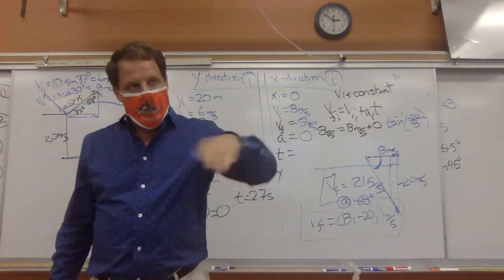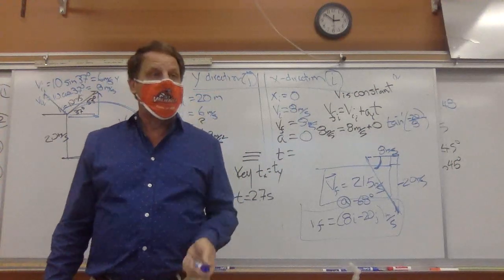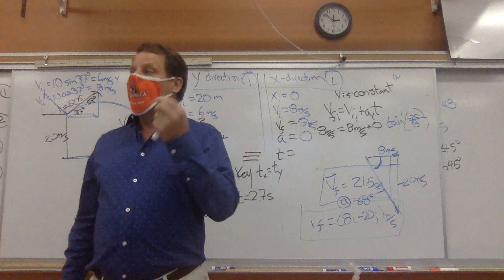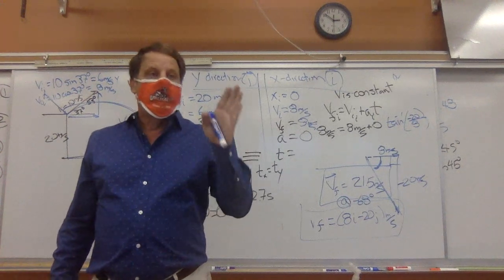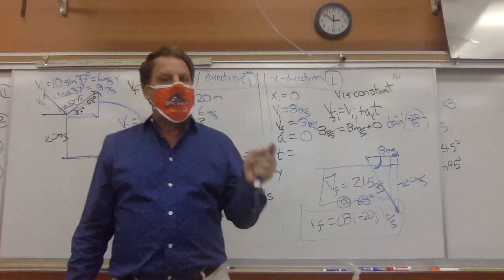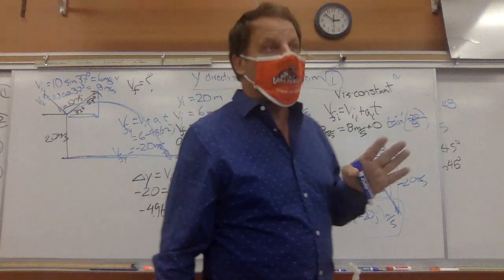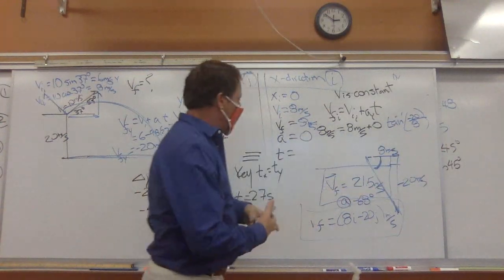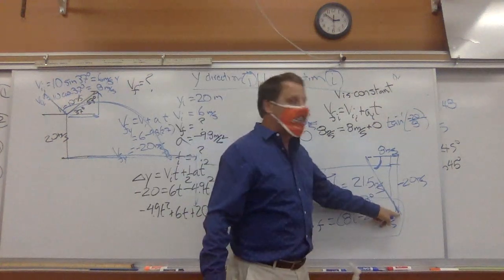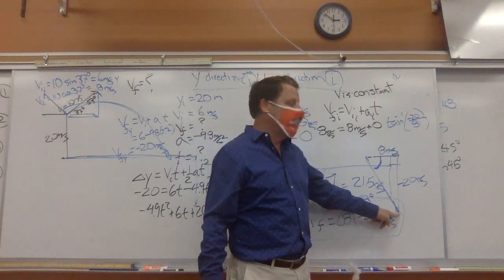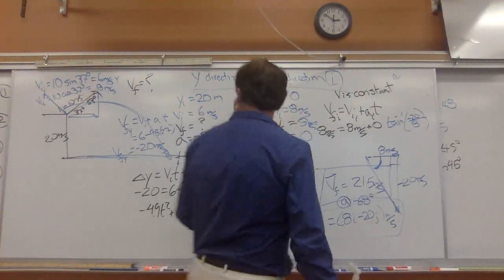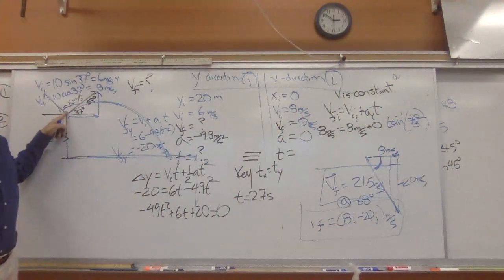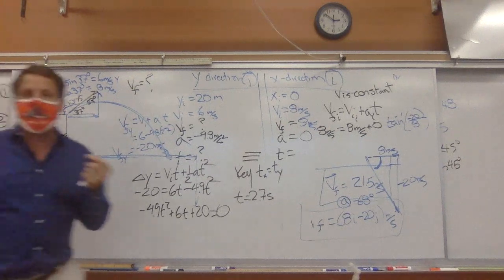There are times, if I do not ask it specifically, you can give the answer in the I and J format. And there are other times that I will ask you for the magnitude and the direction. The magnitude is just the number. So just as we had 21.5 here as our magnitude, going back to the original, our magnitude here was 10, just the number.